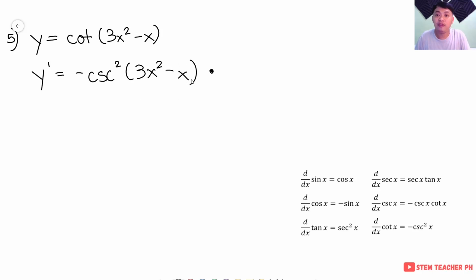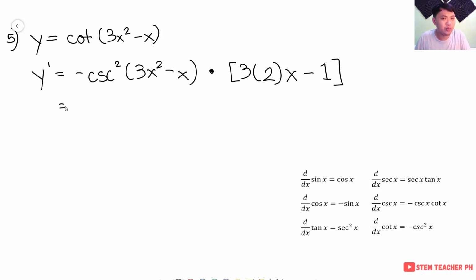Applying power rule of differentiation, we copy 3, tapos i-multiply dun kay x squared, ibababa sa exponent, so we have 3 times 2 times x, tapos yung exponent 2, bawasan ng isa, 2 minus 1, this is x raised to 1 or simply x, minus, ang derivative ng x is just equal to 1. So we have 3 times 2 times x minus, ang derivative nito is 1, and then we just perform our operation.